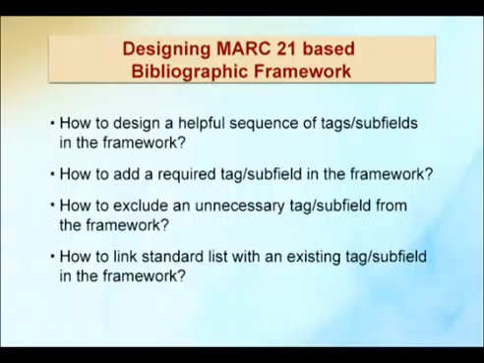Then when this particular step is over, you need to know how to link the different fields, or rather to identify or explore which fields require the presence of a standard list. For example, the leader field. The leader field is a 24 character fixed length.